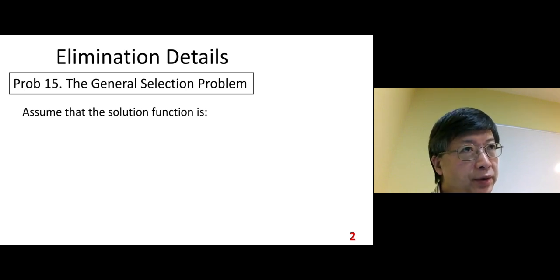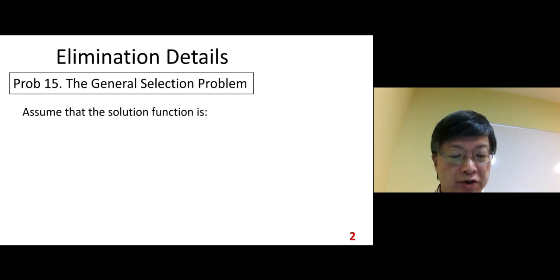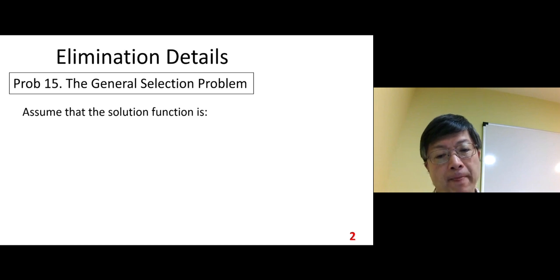In order to do that, let's assume the solution function, because we need to call this function recursively. So for convenience, we'd better have this function defined first. Let me describe it.